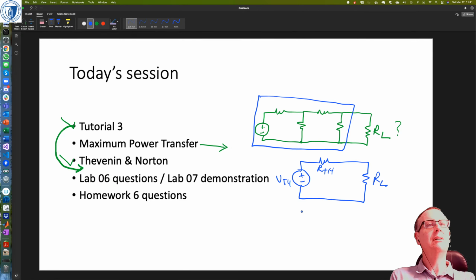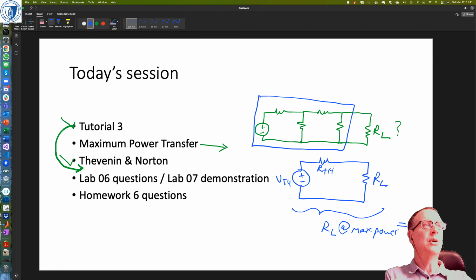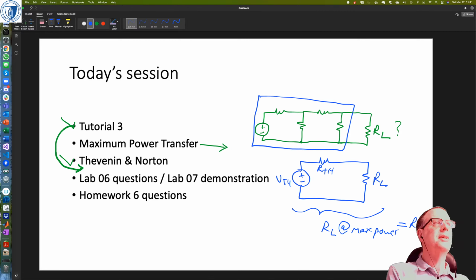So now it's easy to see that RL at maximum power equals RTH, because the maximum power transfer theorem says that the impedances have to match.